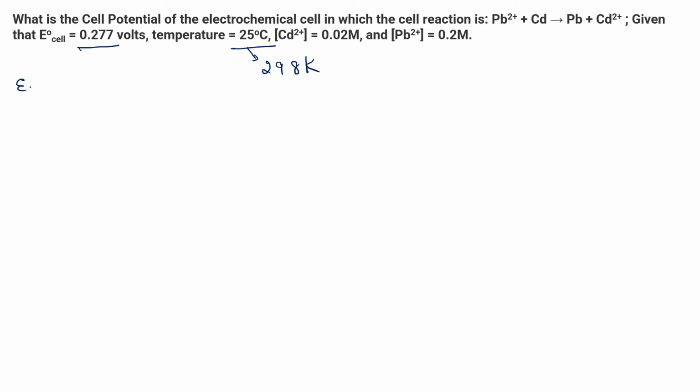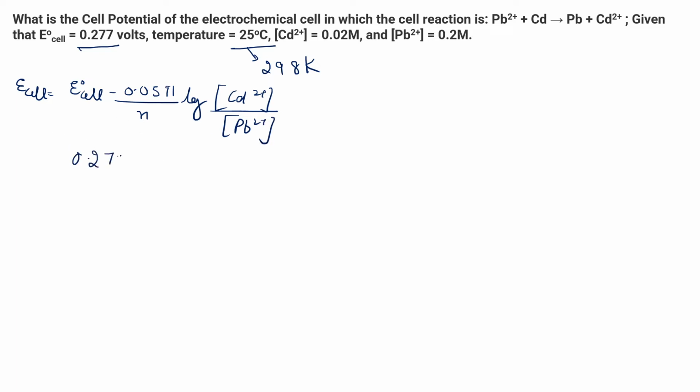As we know that E cell is equal to E naught cell minus 0.0591 by n log of what will we be writing, cadmium 2 plus divided by the lead 2 plus. So substituting the values: 0.277 minus 0.0591 by n log.